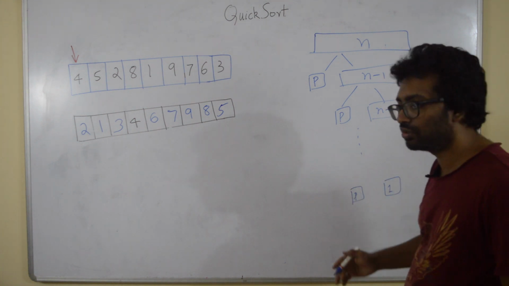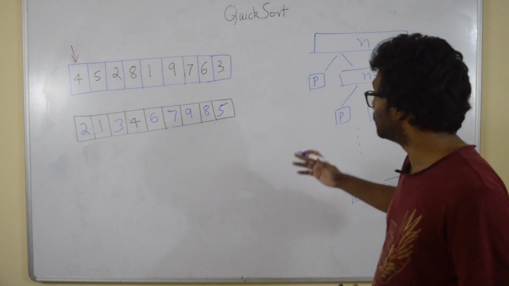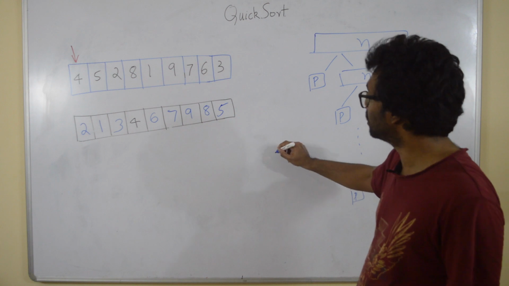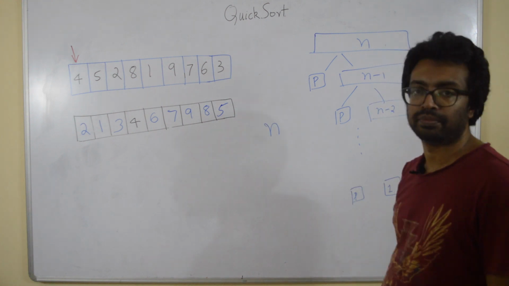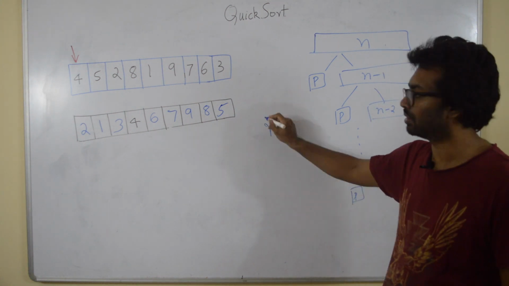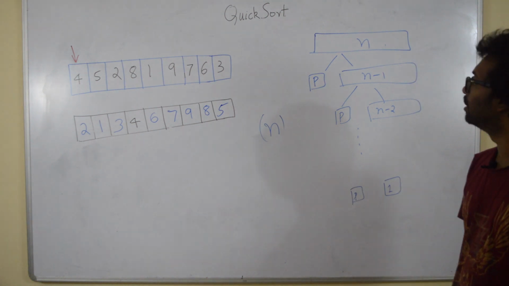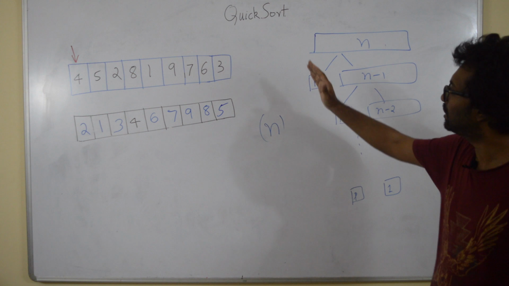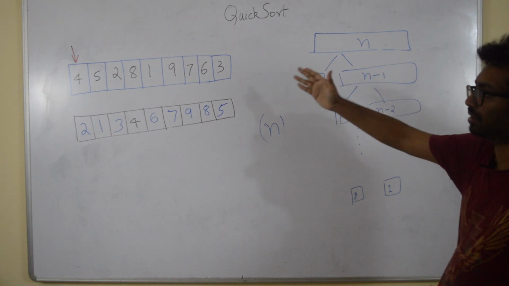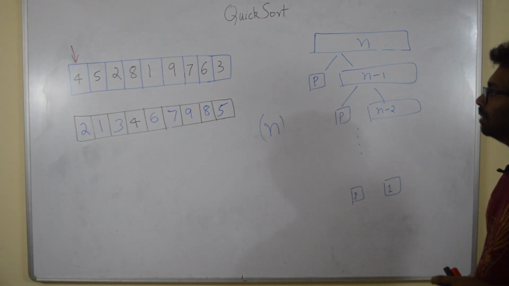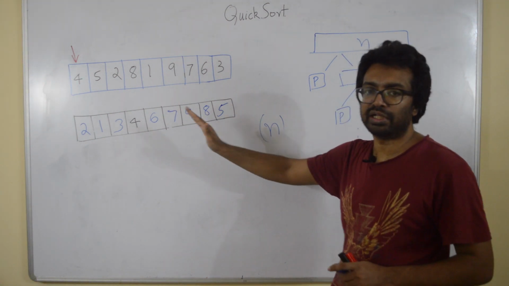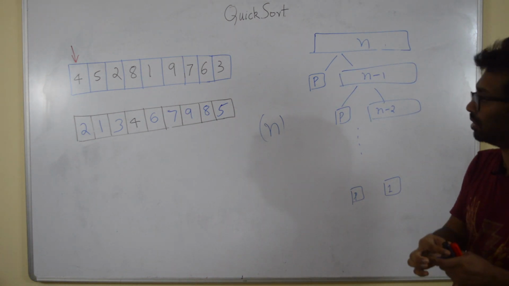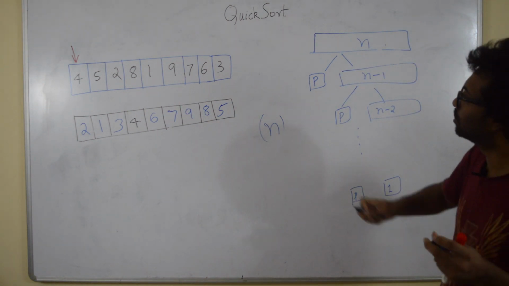Okay. What is the height of this tree? This is the tree, right? And the height of this tree is going to be n. So this is the height. n is the height, and at each level, how much work did you have to do? At each level, you have to go through the entire array, right? That's what we did. You have to walk through the entire array, and how much time does it take to walk through the array here?